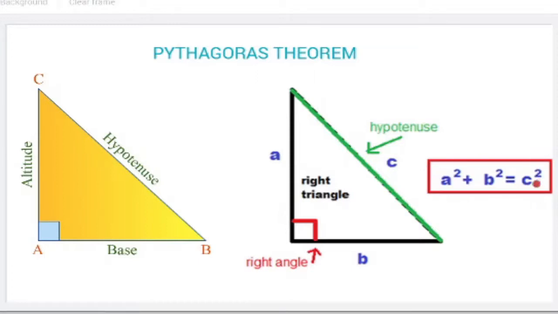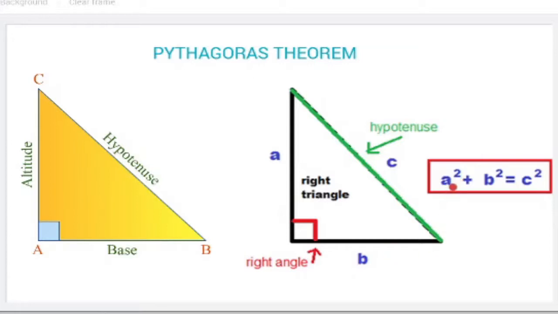This is in mathematical form, that is, square of the base plus square of the altitude or perpendicular equals square of the hypotenuse.